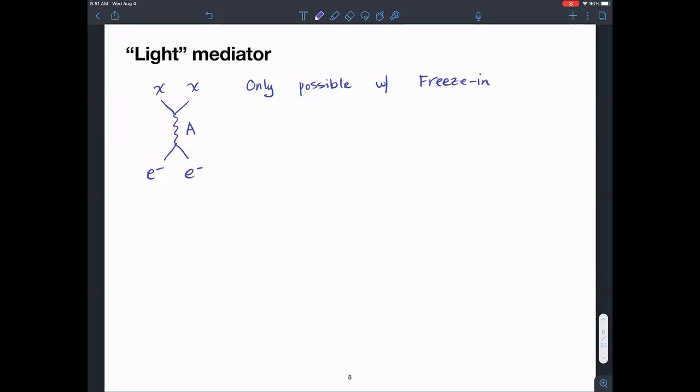So as a reminder, with freeze in, which you talked about last week, if I look at this annihilation process in the early universe, if the couplings are sufficiently small, then this process will only go in one direction, because you never produce enough dark matter that it can annihilate with itself back. The number density of dark matter you produce is way too low. So there's a cartoon in which you can look at the abundance of dark matter with time, or 1/T.